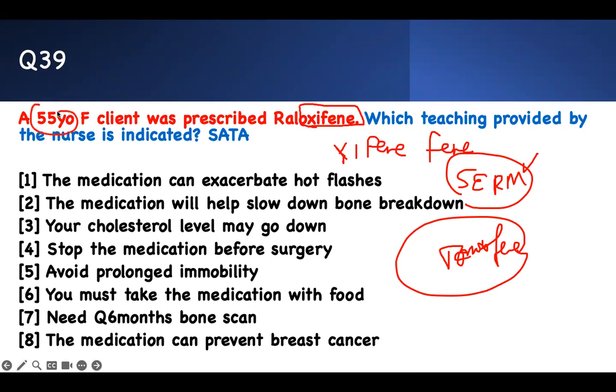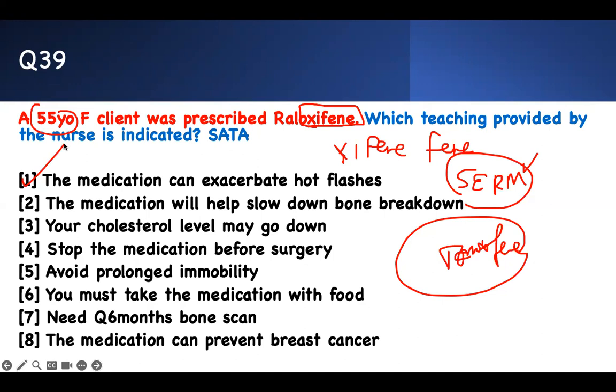The 55-year-old is post-menopausal. We use this medication to prevent osteoporosis in older patients who are post-menopausal. Because it blocks estrogen effect in certain organs, it can exacerbate your hot flashes.